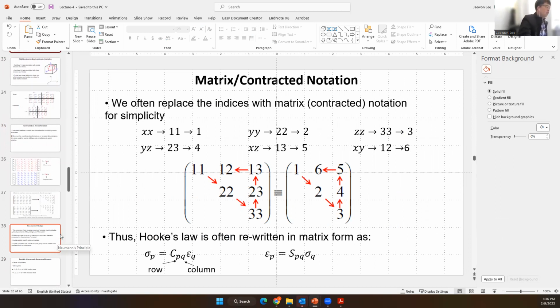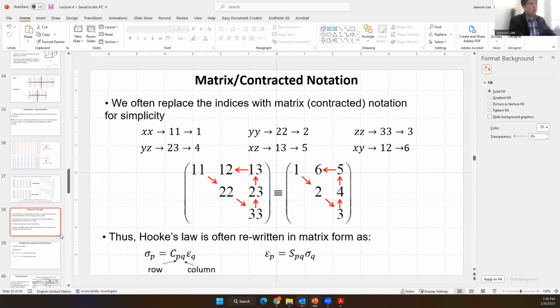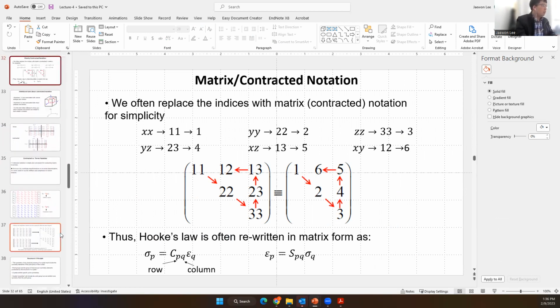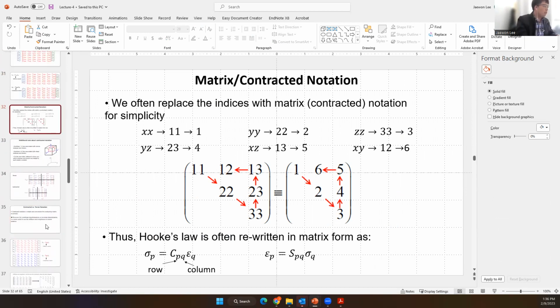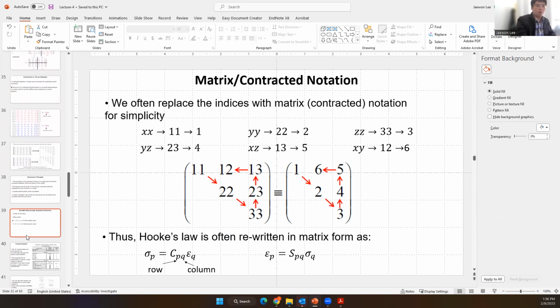Even though I would like to, some of the senior faculty didn't recommend the tensors, just to study what tensor can describe.